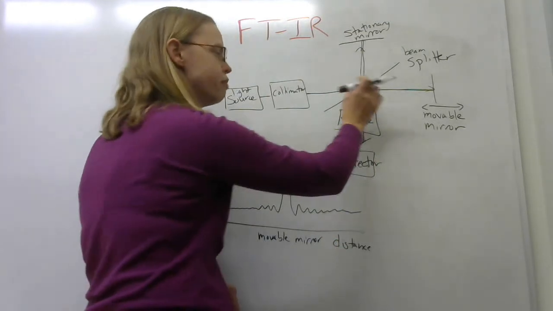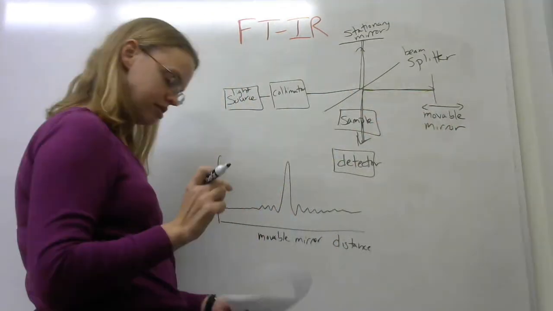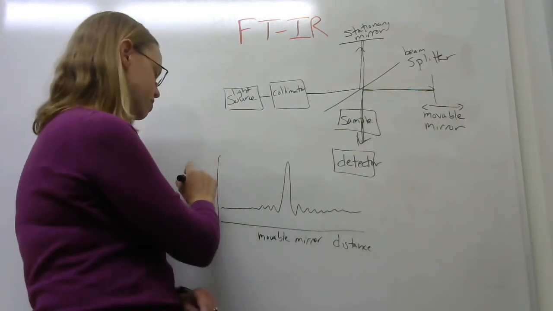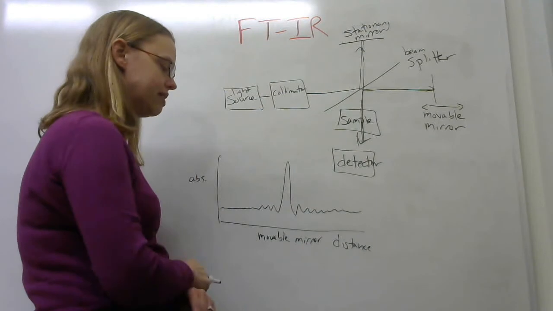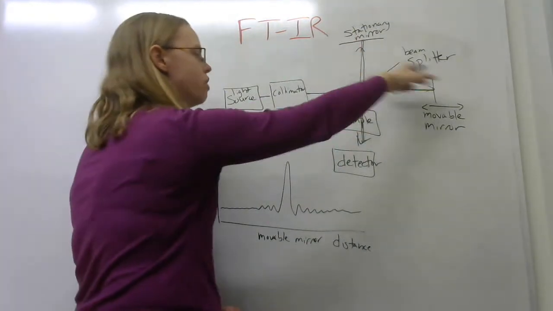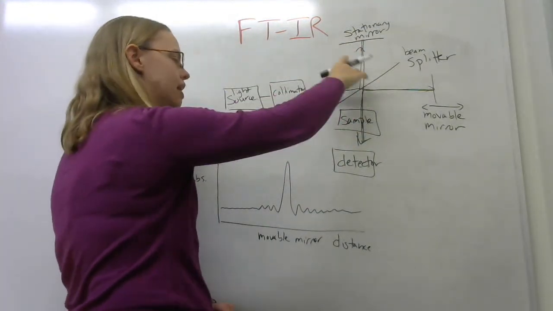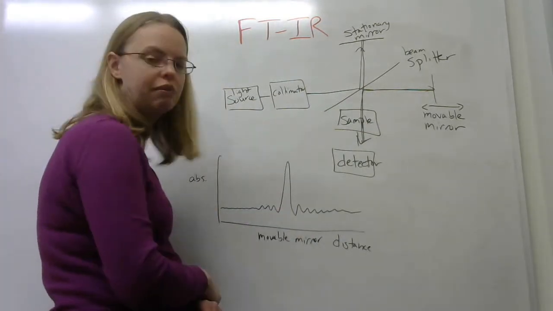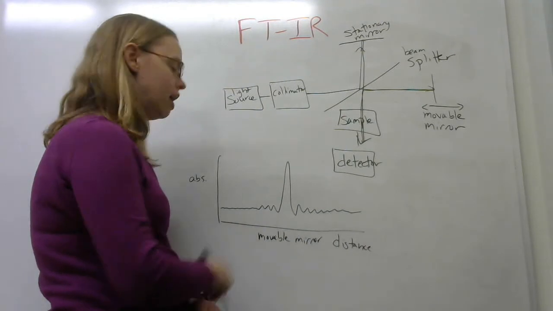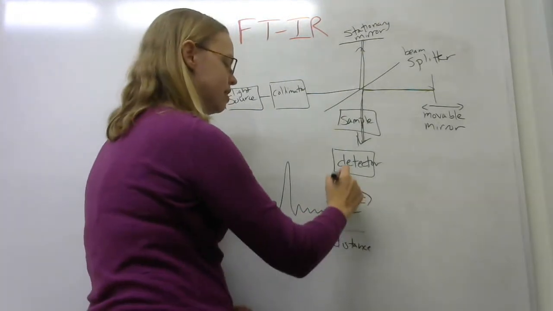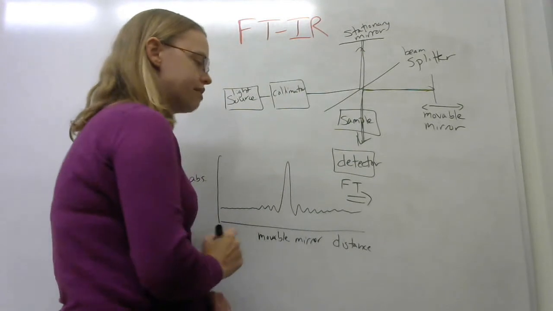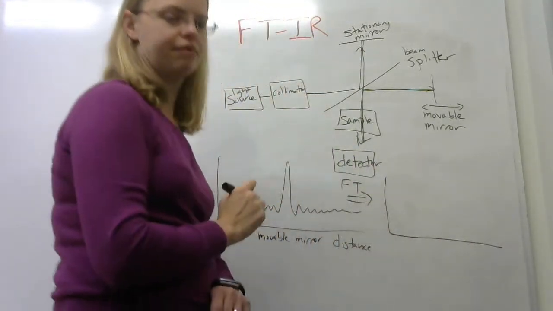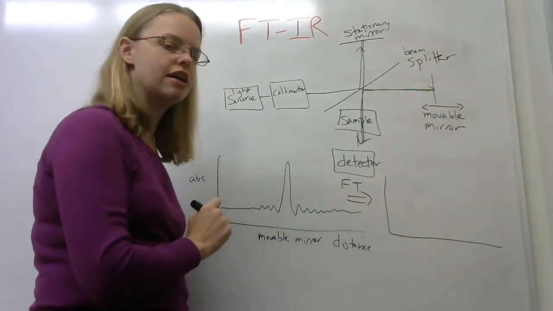And so what you do is you move this mirror in time. So there's also an element of time to this. The movable mirror, and then some sort of absorbance signal. So when these two are exactly aligned, there will be more radiation coming through the sample, and then the sample will be able to absorb it better. And so from this, which is in the time domain, they Fourier transform it, and they get some sort of UV-vis, sorry, not UV-vis, FTIR spectrum.